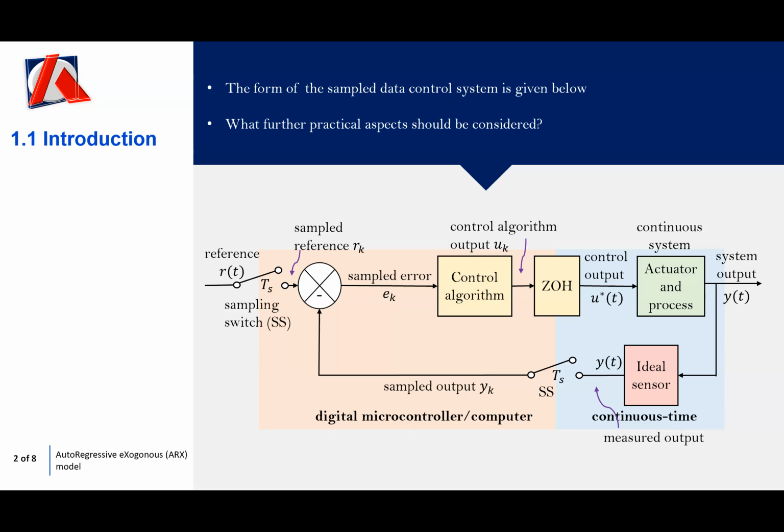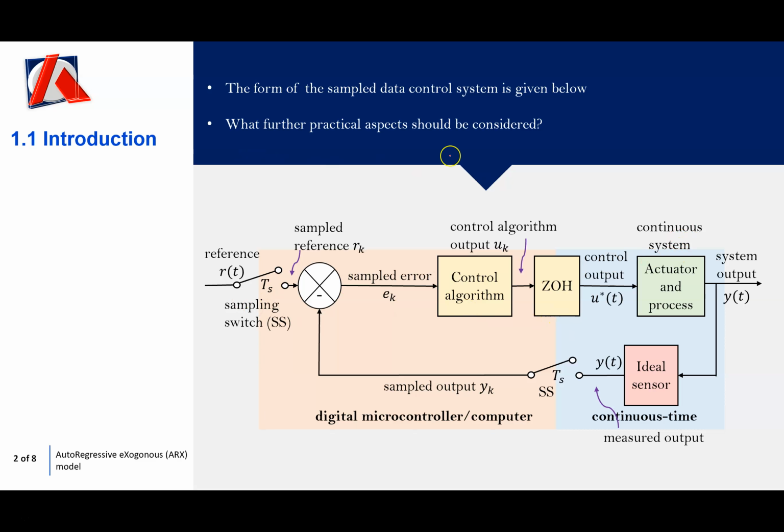We've seen this form before, the sampled data control system. Last few lectures we were looking at discrete time modeling and control of the control algorithm. If you remember, we discretized from a continuous controller and ended up with a discrete time proportional, integral and derivative controller.